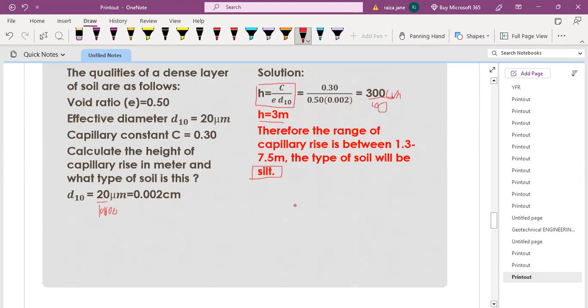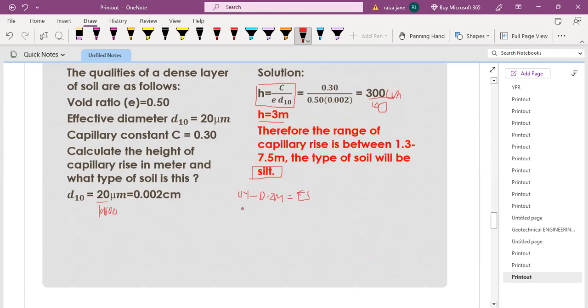So here, if the range of capillary rise is from 0.1 to 0.2 meter, it is coarse sand.